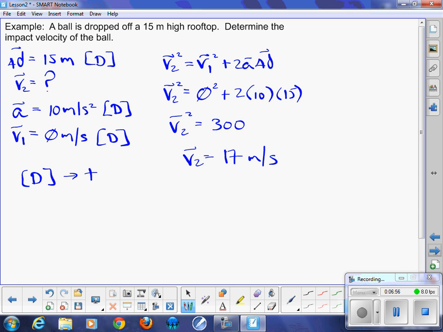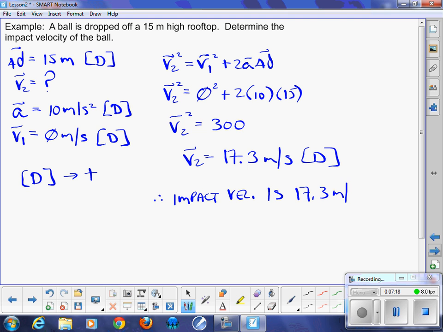I'm kind of doing this off the top of my head. I don't have a calculator handy, so you may want to check it. Actually, it'll be a little bit higher than 17, 17.3. Close enough. Meters per second down. So therefore, impact velocity is 17.3 meters per second down.